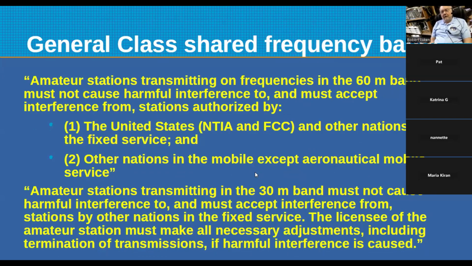These are just some quotes from Part 97 about interference on the 60-meter band and the 30-meter band, because we are secondary operators on those two bands. Somebody else is primary.